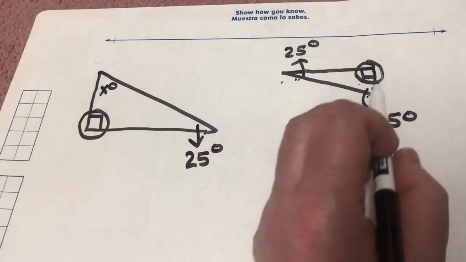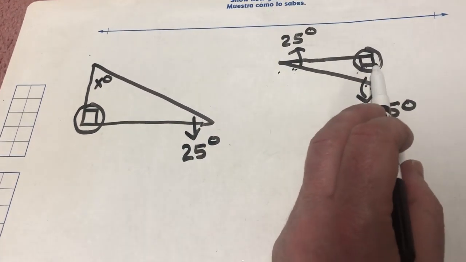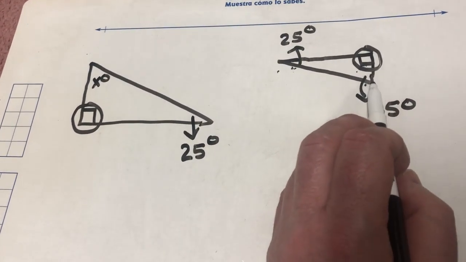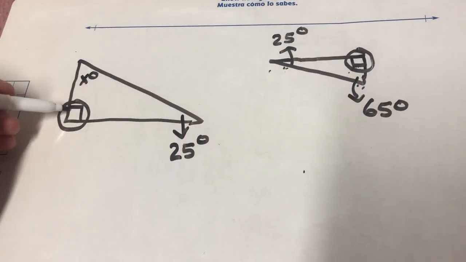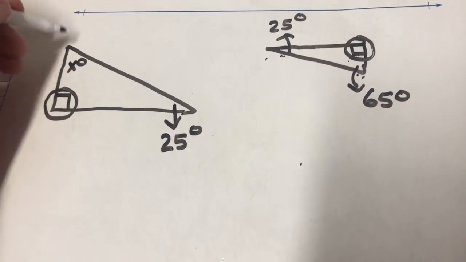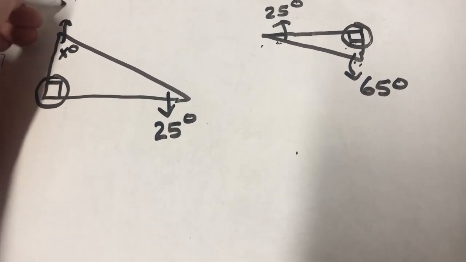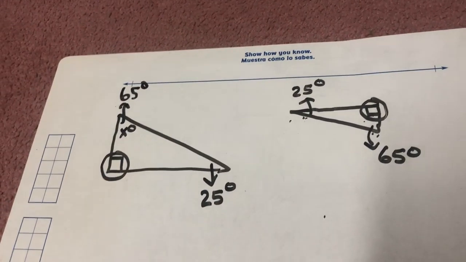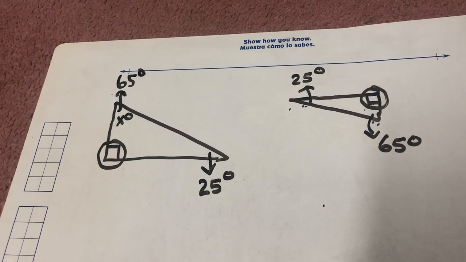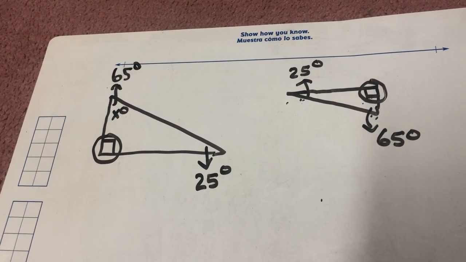That tells me then that in this triangle, since the measurement right next to the right angle down here is 65 degrees, the measurement over here right next to the right angle must also be 65 degrees. So that tells me in that situation that x equals 65 degrees.